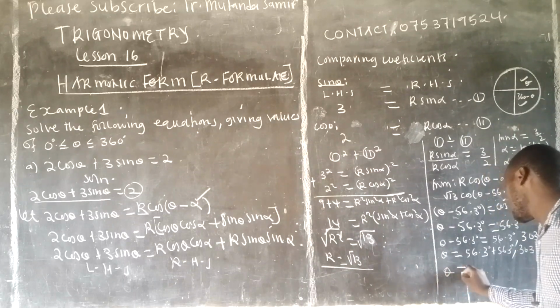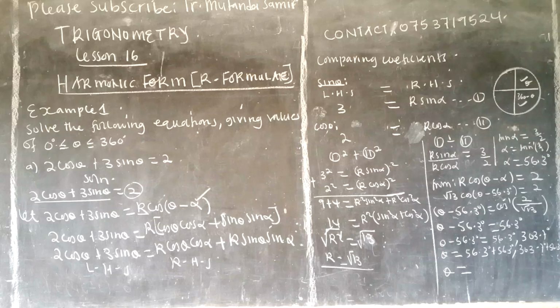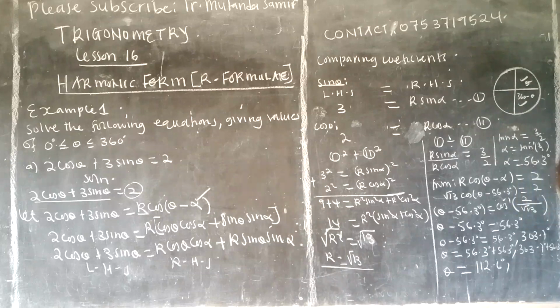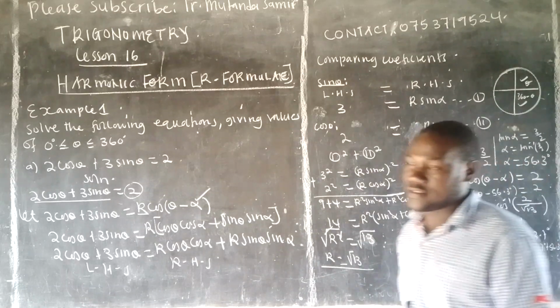So now your final value of theta here will be 56.3 plus 56.3 is 112.6, comma. Now this other one is 56.3 plus 303.7. It comes back to the original 360, as simple as that.